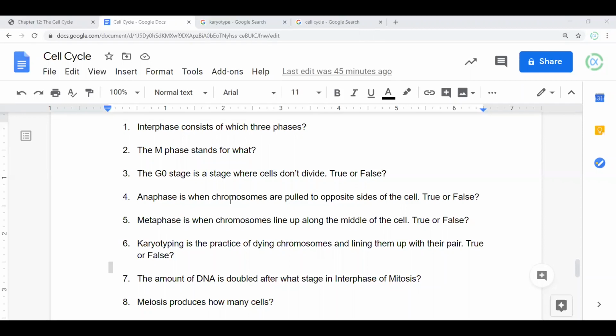Okay, so the answer here was true. And again, the reason for that is karyotyping is when you take the chromosome and of course you dye it to see it, and then you line them up with their pair.